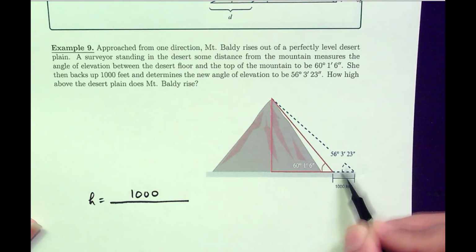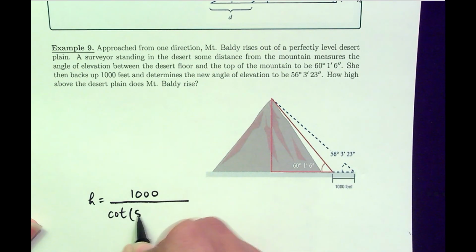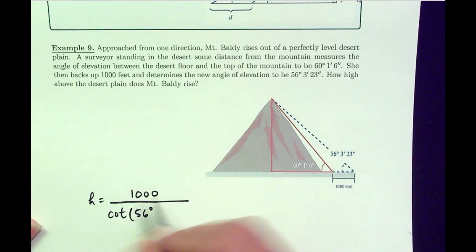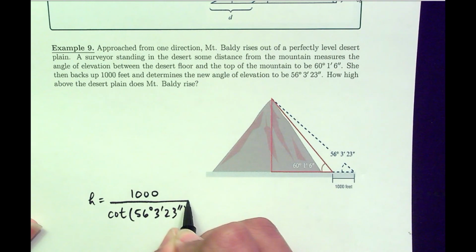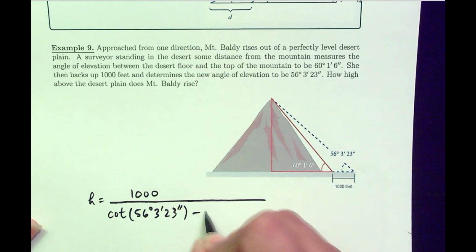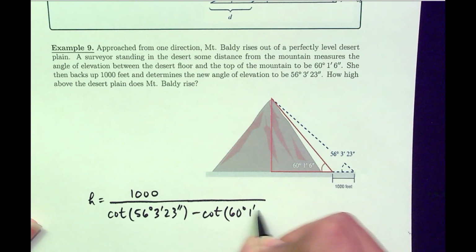Beta is that smaller angle, so the cotangent of 56 degrees, 3 minutes, and 23 seconds, minus the cotangent of 60 degrees, 1 minute, and 6 seconds.